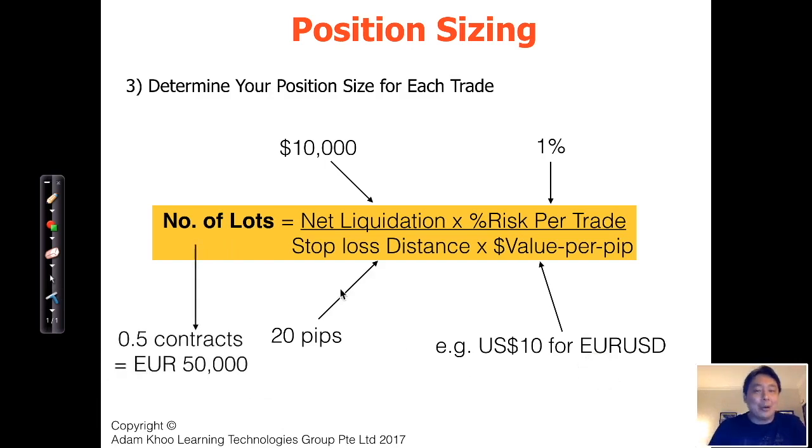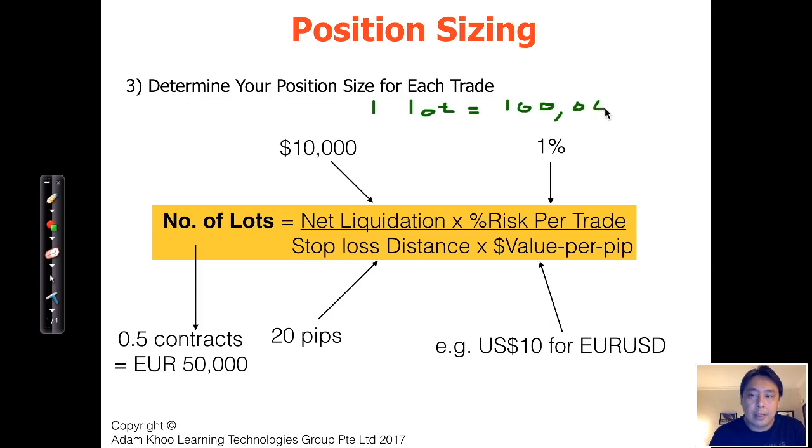Oops, sorry. So yeah. So once you punch in these numbers, 10,000 multiplied by 1%, divided by 20 times 10, you will get 0.5. So the answer is 0.5. So what is 0.5? 0.5 means 0.5 contracts, or sorry, 0.5 lots, if you will. Now recall, in lesson 1, one standard lot in Forex is 100,000 of the base currency.